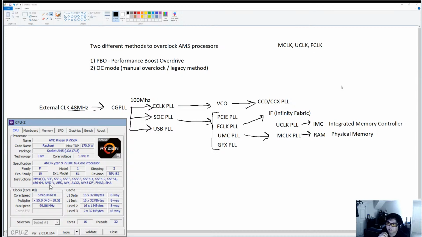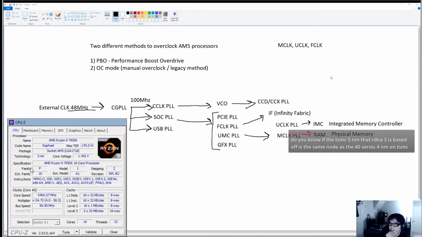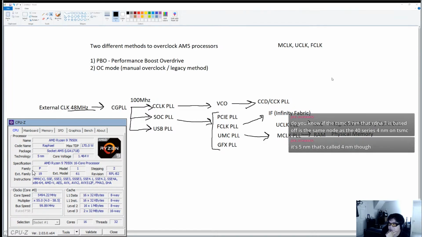it's 5 nanometer that's called 4 nanometer. I don't know about that, because I do think that the RTX 40 series is on a different one. Because I know that the Zen 4 is the 5 nanometer process. I could be wrong though. I haven't actually read up too much on TSMC's nodes specifically, but from what I know, I do think that they're different nodes.